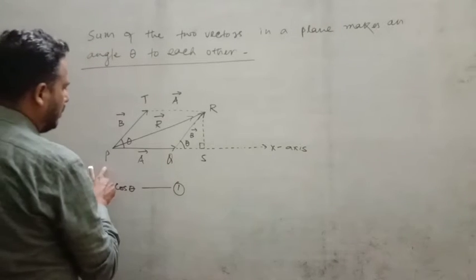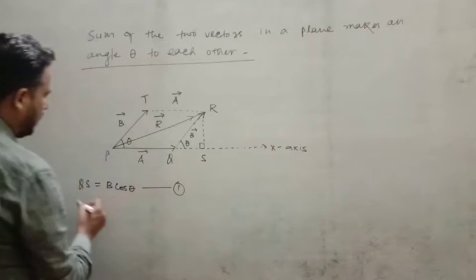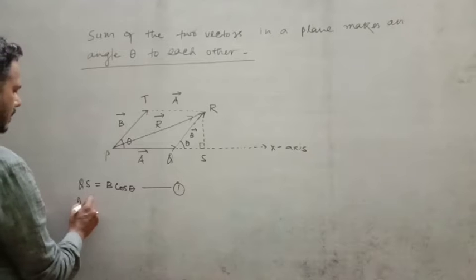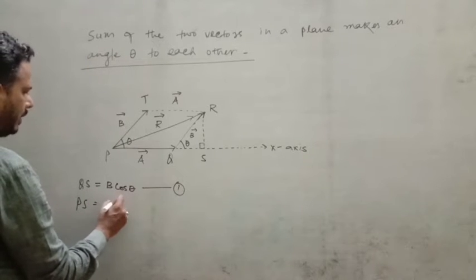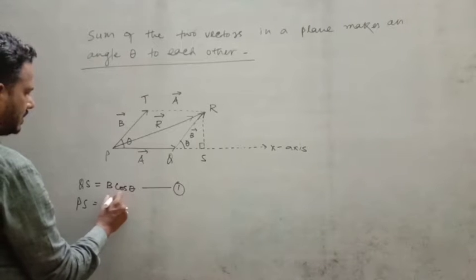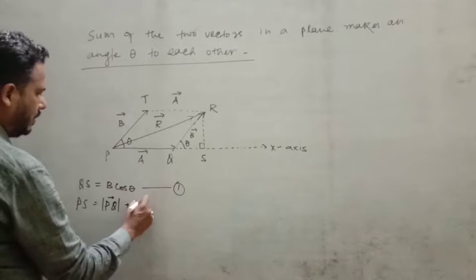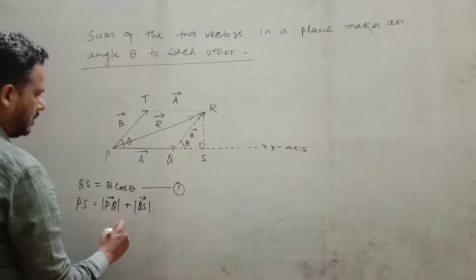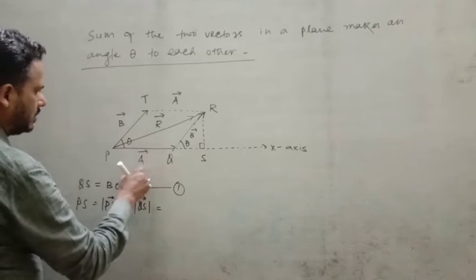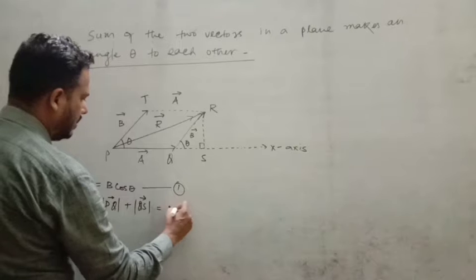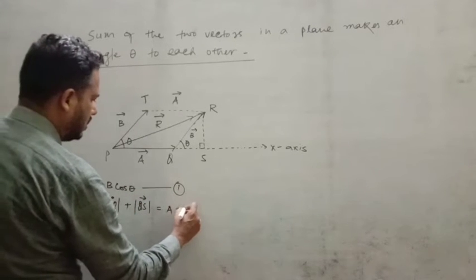So how much is PQ plus QS? Your PS is magnitude of PQ plus magnitude of QS. Magnitude of PQ is A, plus magnitude of QS from equation 1, B cos theta.